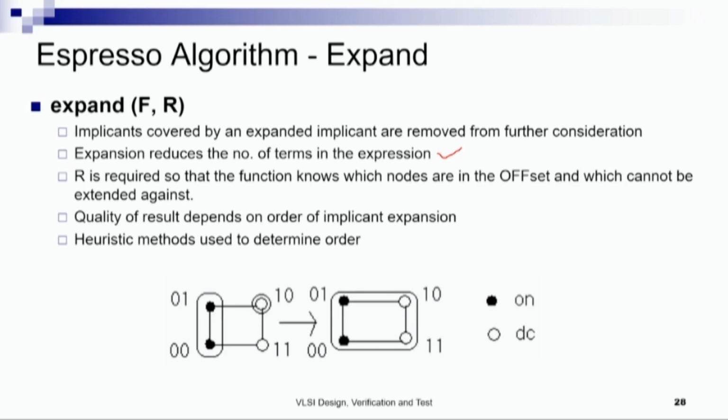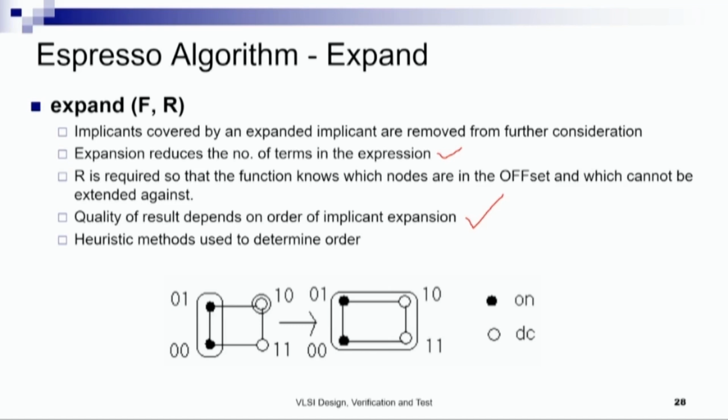The quality of the result depends on the order of implicant expansion. This is also an important point. Suppose we have a cube. If we expand in direction x, it may give me a much bigger cube than if we expand in direction y.